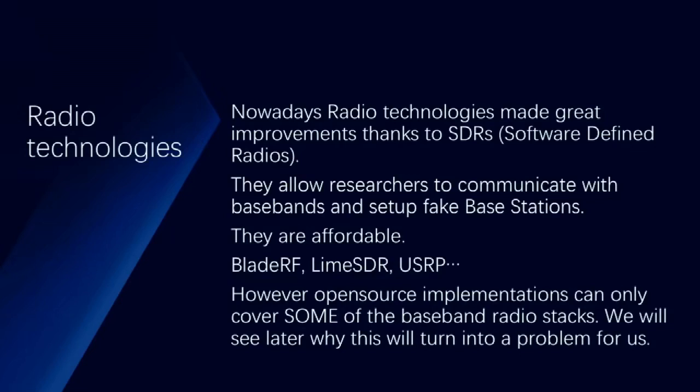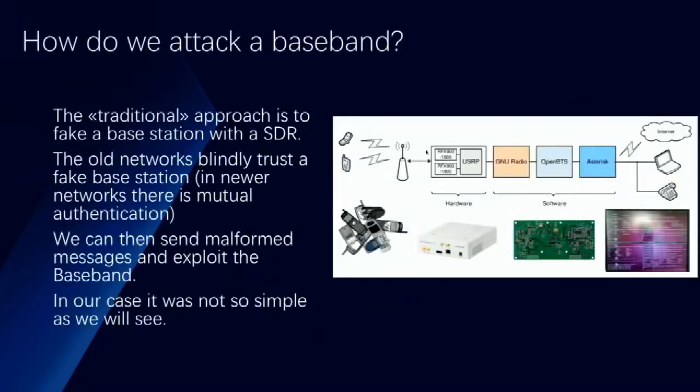An example of this kind of product can be BladeRF or USRP. And there is a lot of open source software, but the only problem is that they cover only some radio stacks, and we will see why this will be a problem for us. So the traditional way to attack a baseband is to run a base station with an SDR. The reason this is effective is that old networks like GSM don't have mutual authentication.